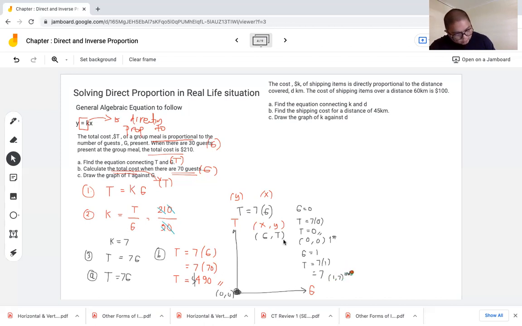So knowing that 2 points can create a line, so this is 1, 2, 3, 4, 5, 6, 7. So we know that this is going to be 1 comma 7, and 2 points could create a line. So this would mean that this is going to be the graph of your equation. Okay, I hope you guys understand that.